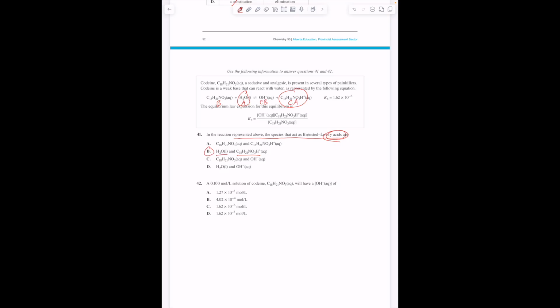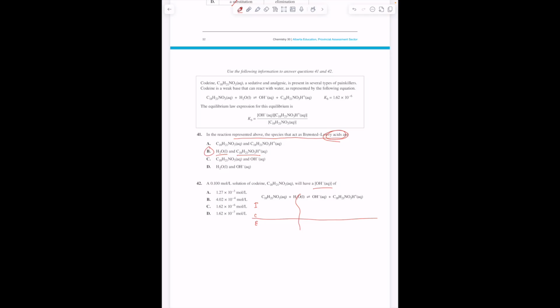42. Oh, looks like ice question. So they want to know what's the OH negative concentration. All right, well, let's do this. Copy. Let's make that a little bigger. All right, let's do an ice table. Don't worry about water. Concentration's too massive.